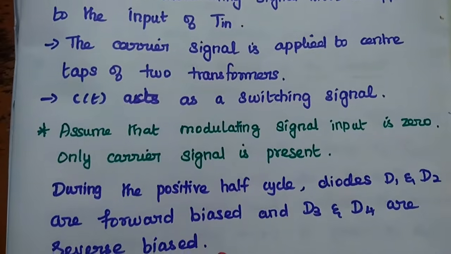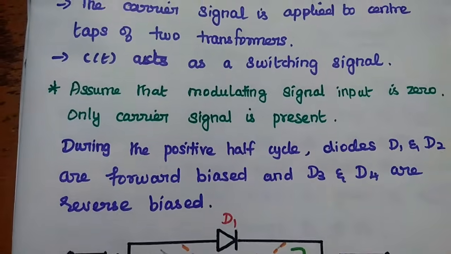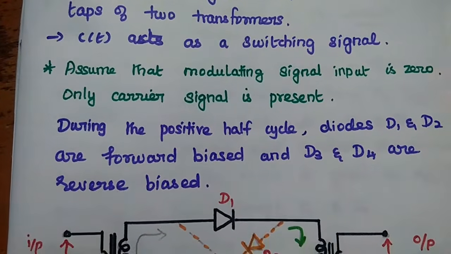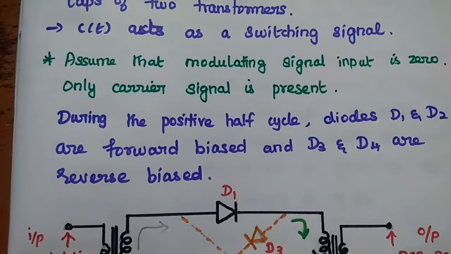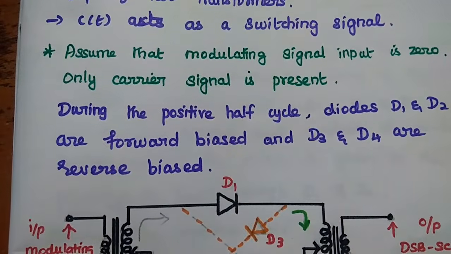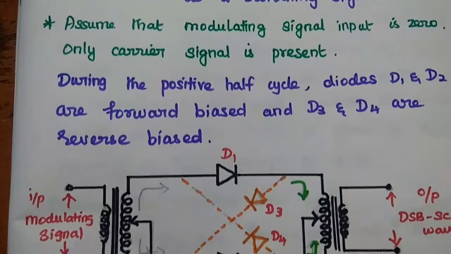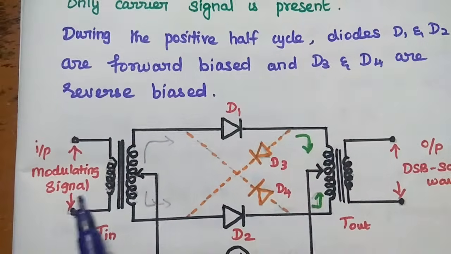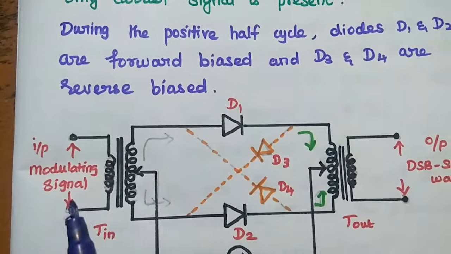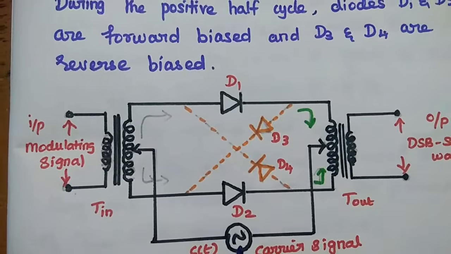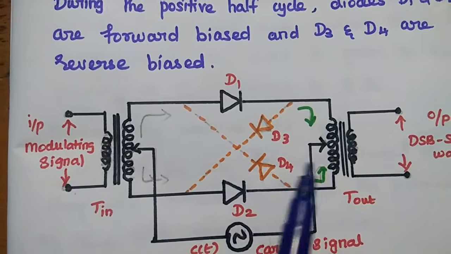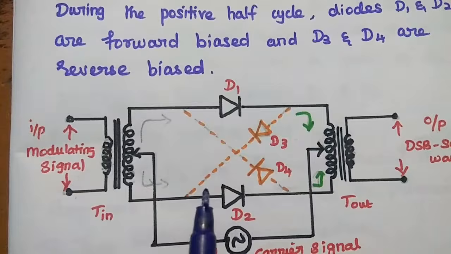For better understanding of the carrier suppression technique in the ring modulator, we have to assume that the modulating input signal is 0. Only the carrier signal is present. So here we have to assume there is no modulating signal. Only the carrier signal is applied to the center taps of the transformers.